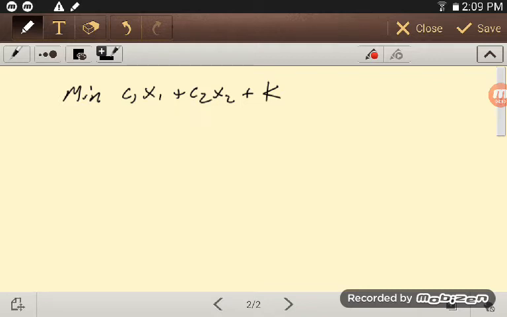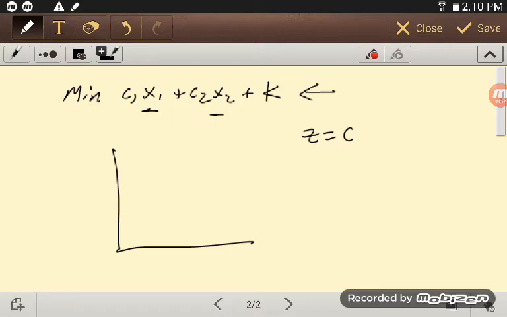It's going to change the value of this thing, but it doesn't change the location. The reason is, remember, we're saying z equals c1x1 plus c2x2 plus k, and we're picking values of z and drawing parallel lines.